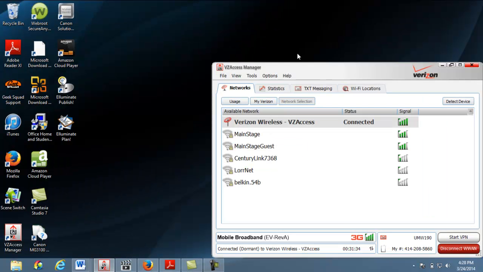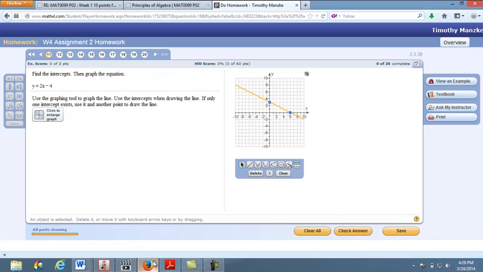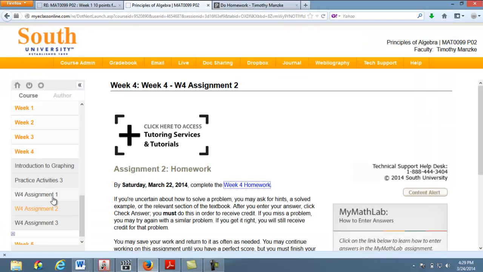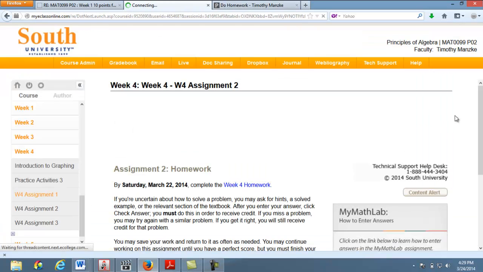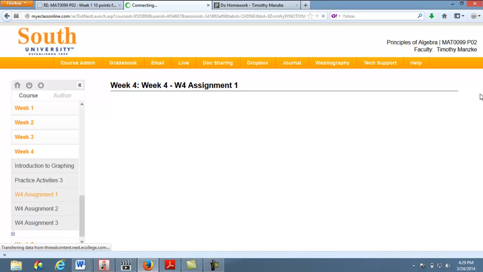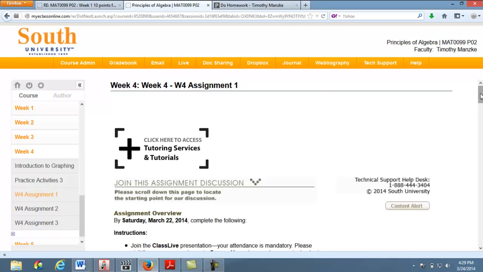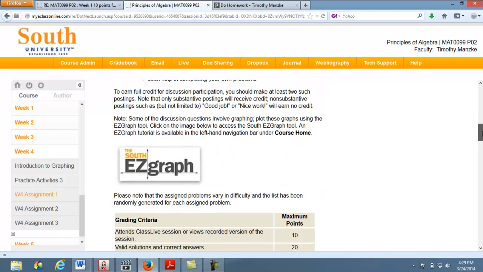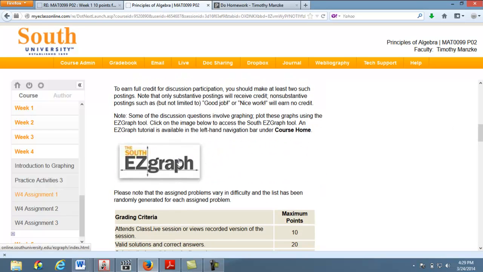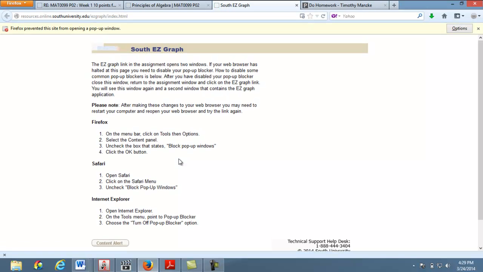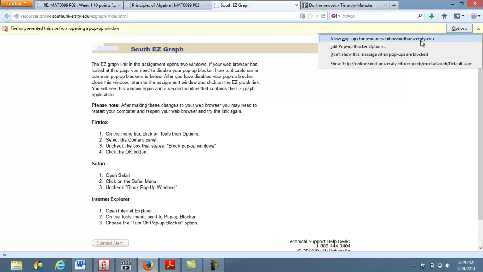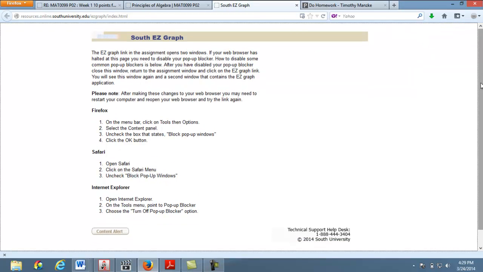If you're going to graph it using the South University graphing tool, let's take a look at that. The Easy Graph tool. I would click on there, and allow it to pop up here.